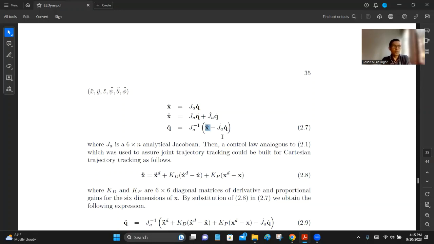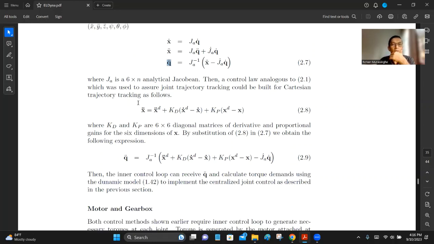And with the available sensors, the joint encoders, we know the position, all the joint angle values, and also from the tachometers, we know the velocities of each and every joint. So those are available to us. So calculating the Jacobian and getting the inverse of that is possible. When X double dot is known, we can put it there and calculate Q double dot as the desired joint acceleration.